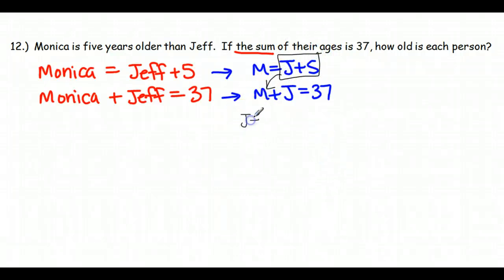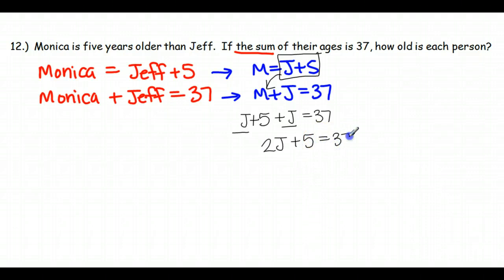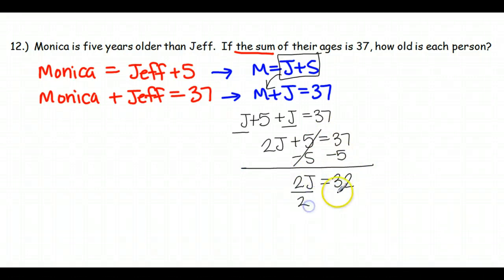So we have J plus 5 plus J equals 37. Combine like terms, we get 2J plus 5 equals 37. Subtract 5 from both sides of your equation, and we get that 2J equals 32. Divide both sides by 2, and we get that J equals 16.